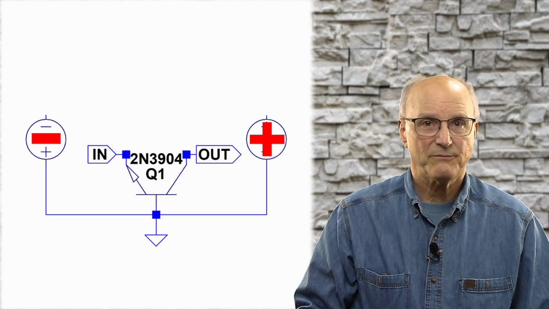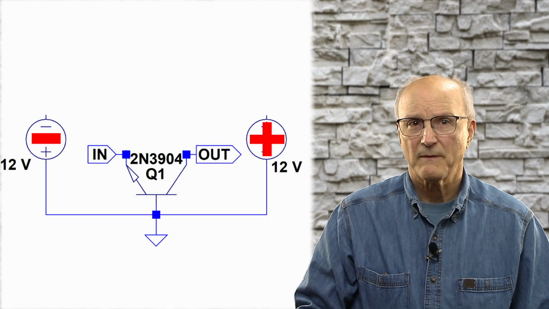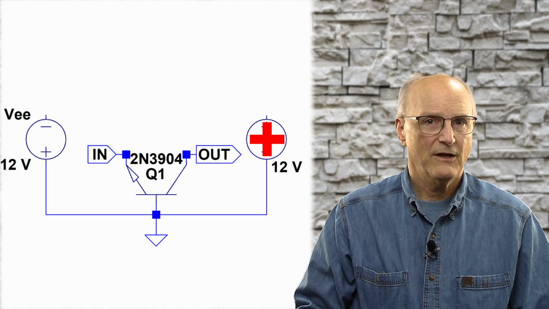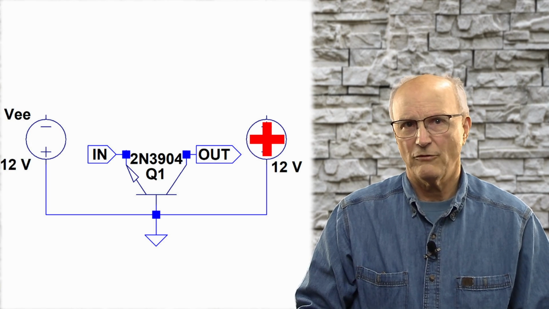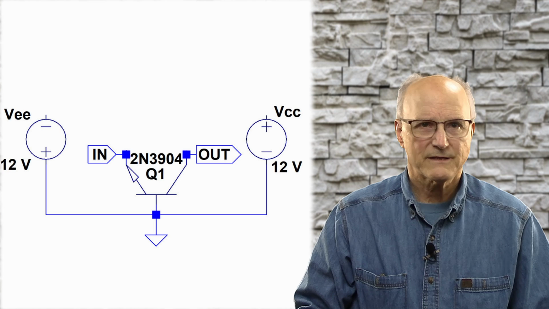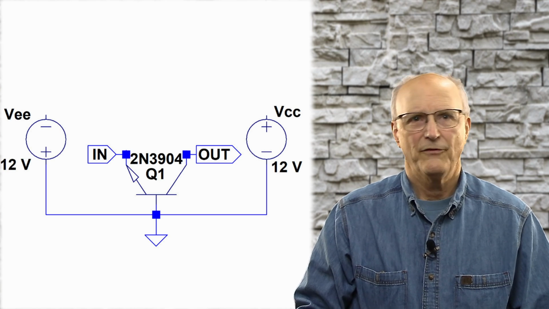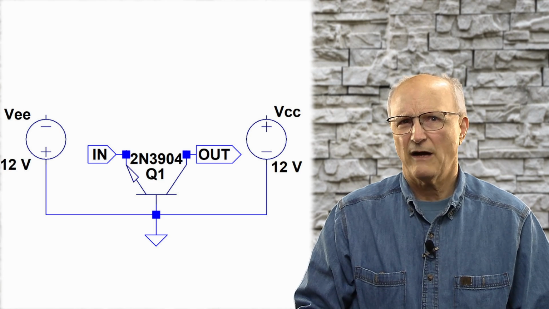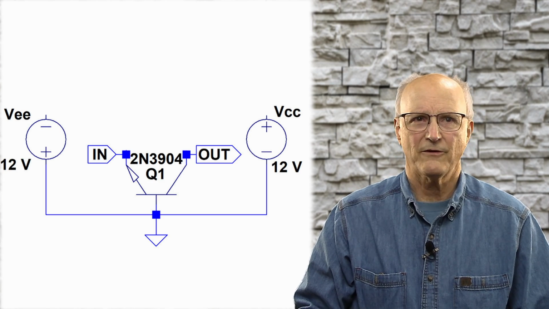Each of these power supplies will be 12 volts. I will call the negative 12 volt power supply VEE and the positive 12 volt power supply VCC. Yes, this can be accomplished with one supply, but this gets more complicated than I want to address here.